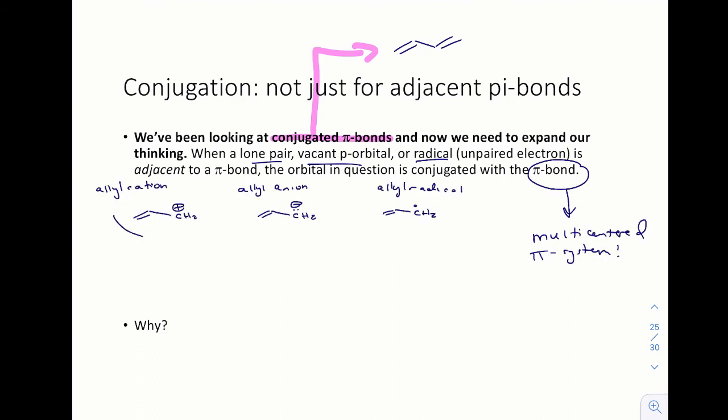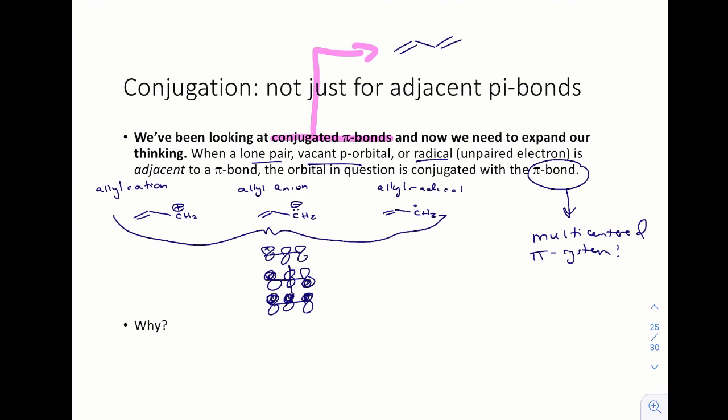In fact, all three of these systems, the allyl cation, the allyl anion, and the allyl radical, are actually described by three orbital pi systems.